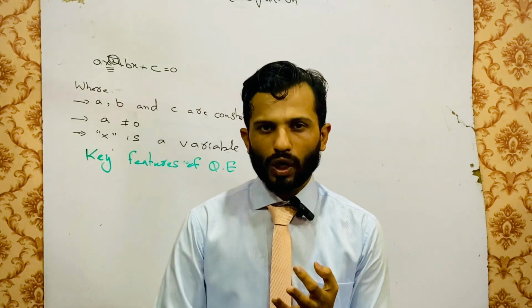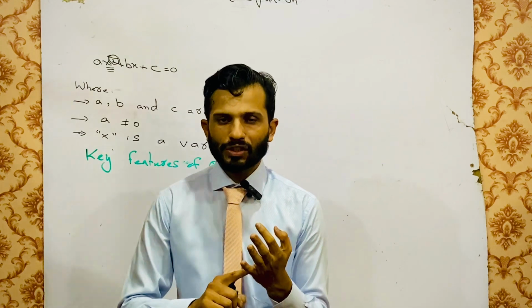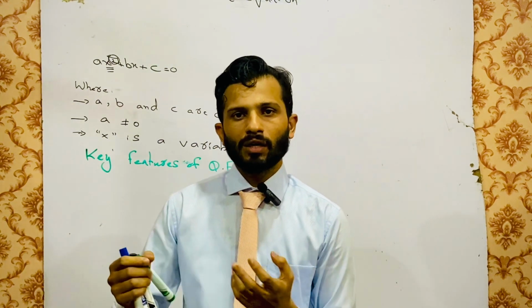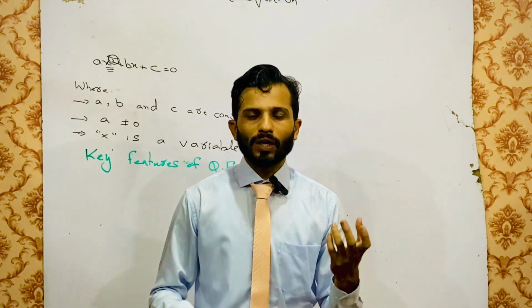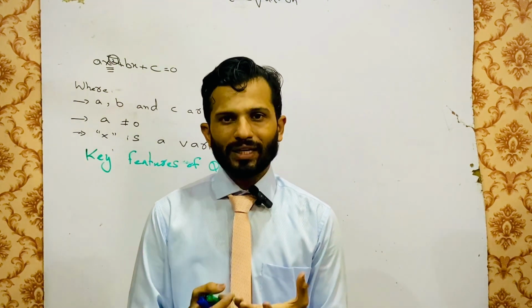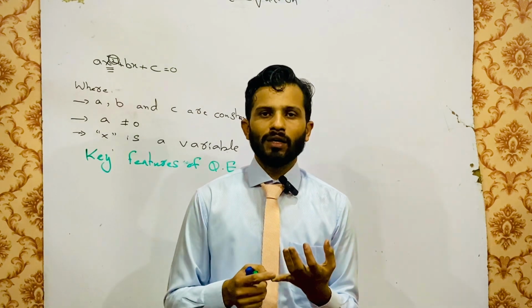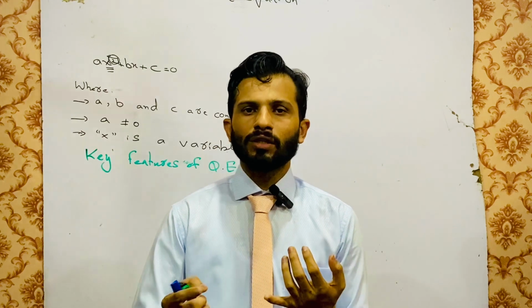They can be solved using three methods: first of all, factorization, second, completing the square, and third, the quadratic formula. They model various real world phenomena such as energy, motion, and geometry.